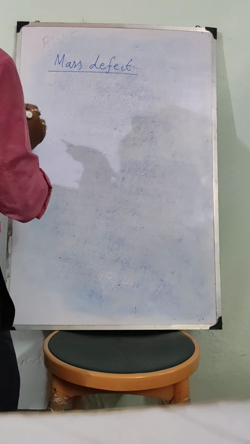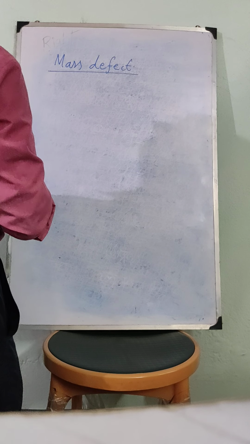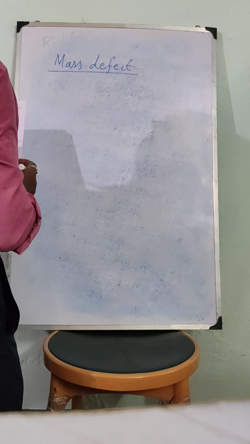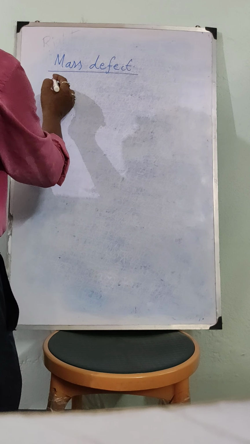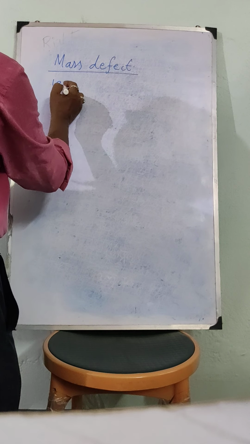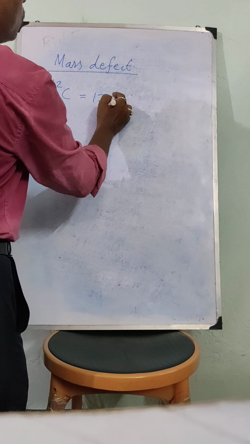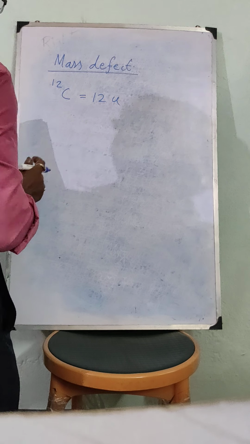See, if you measure the mass in unified atomic mass unit, the mass of carbon 12 is exactly equal to 12 U, and 12 is a whole number.